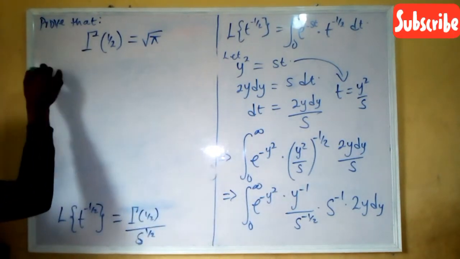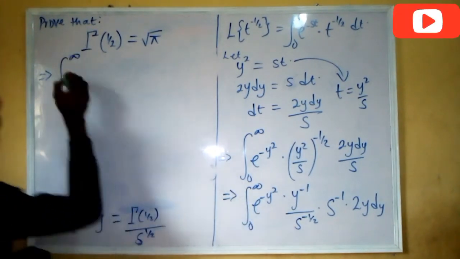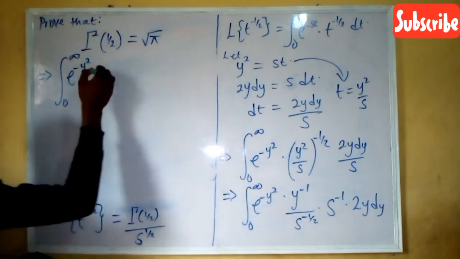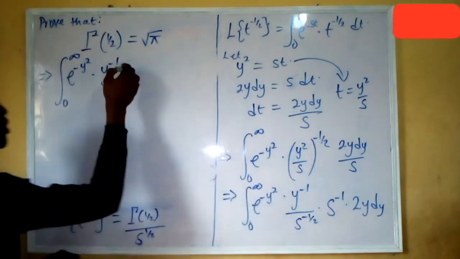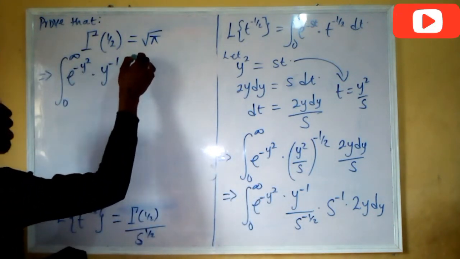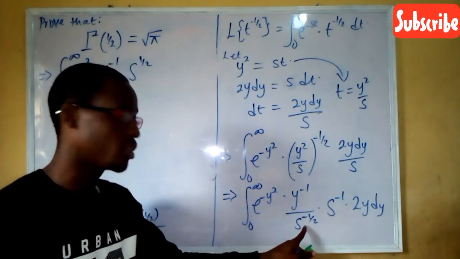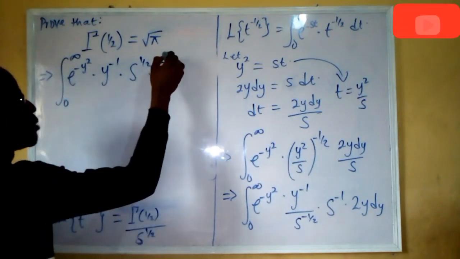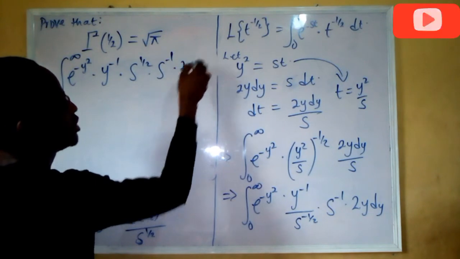So then I have the integral from 0 to infinity of e raised to the power minus y squared, and this gives us dot y raised to the power minus 1, and this is dot s raised to the power half. Since this is 1 over s raised to the power half, that will give us s raised to the power half. So multiply by s raised to the power minus 1, then with 2y dy.